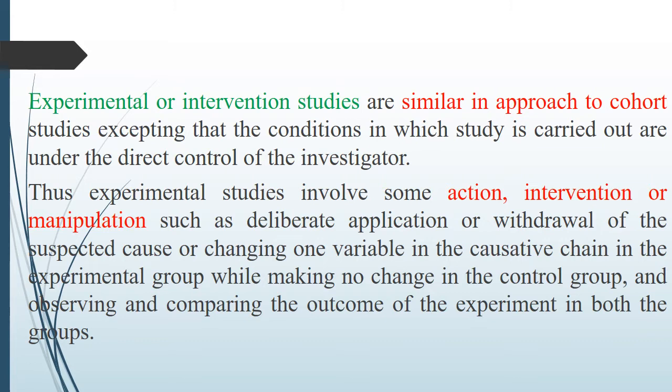Then you test what will be the future effect, whether by giving the drumstick leaf there is any improvement. So that is about the experimental or intervention study. You are giving some drug or diet and you are checking the effect. So this is about the experimental or interventional studies.